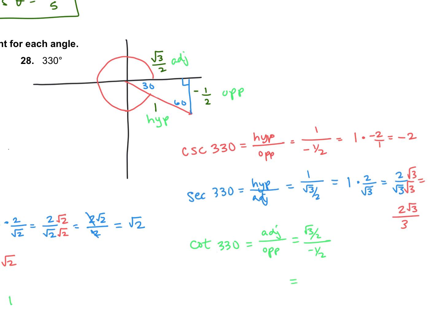So when we divide the fractions, we keep the numerator, root 3 over 2, times the reciprocal of the denominator, so negative 2 over 1. We get a negative 2 root 3 in the numerator over 2 in the denominator. These 2's will divide to 1 or reduce to 1, so we end up with a negative square root of 3 for the cotangent. All right, there is our last problem on our trigonometry review.